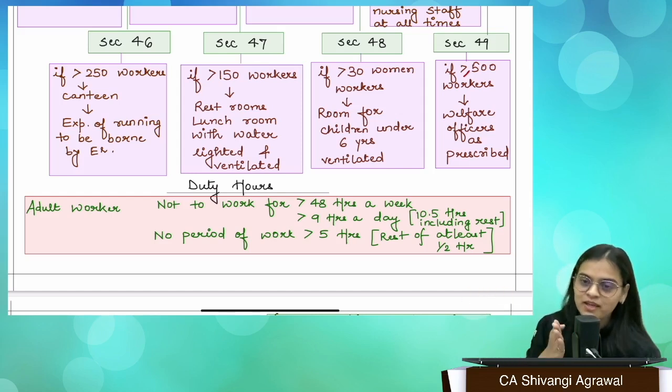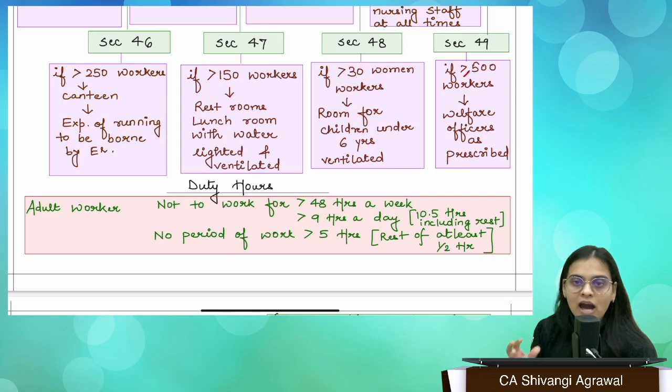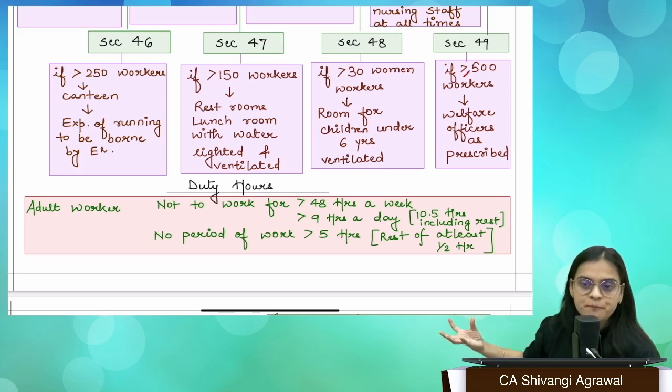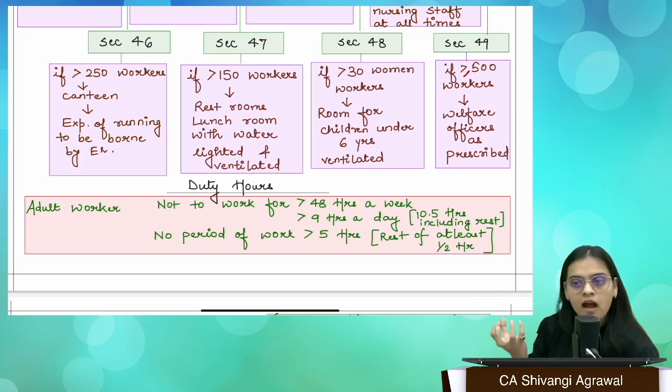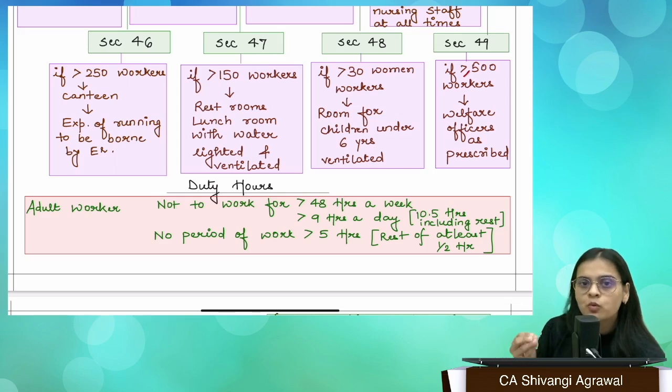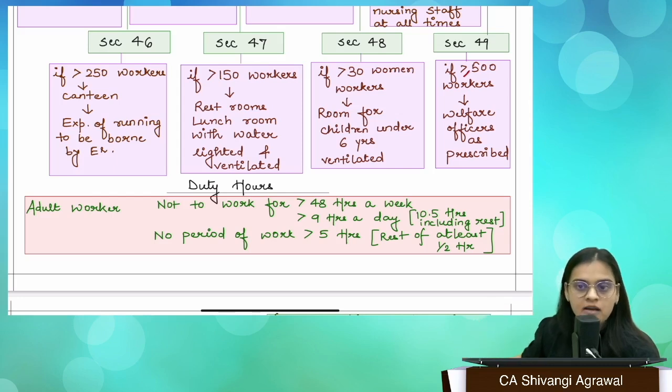So if in a factory there are more than 30 women workers, then you have to provide them a room for children under the age of 6 years, so that they can come with their babies and the children can be kept over there. It has to be properly lighted, ventilated, and clean.